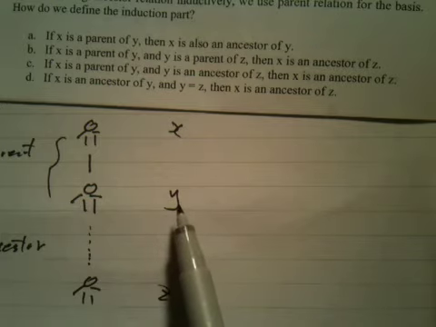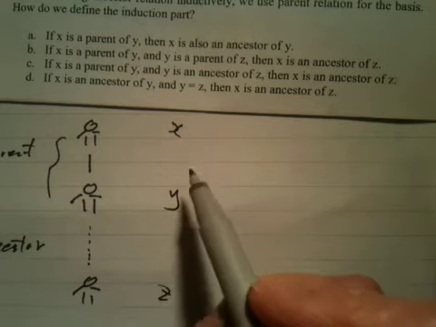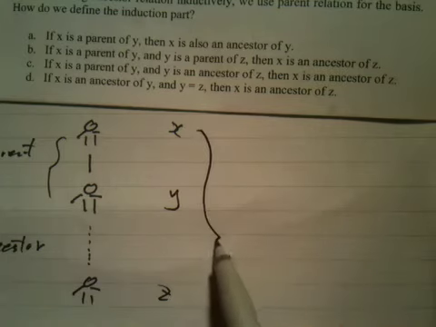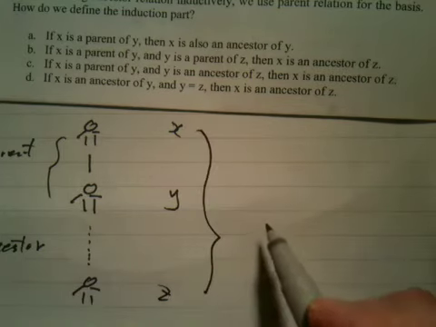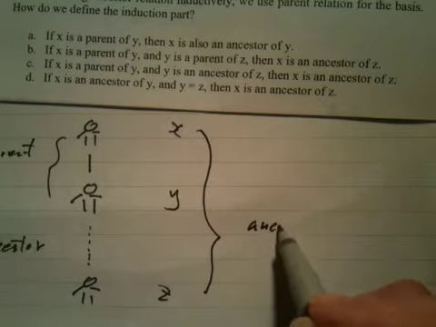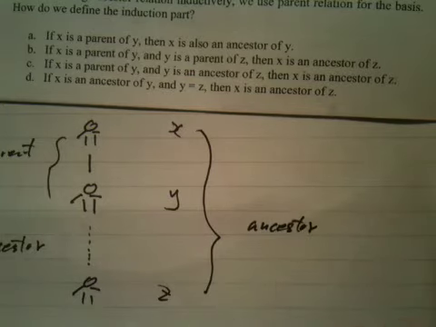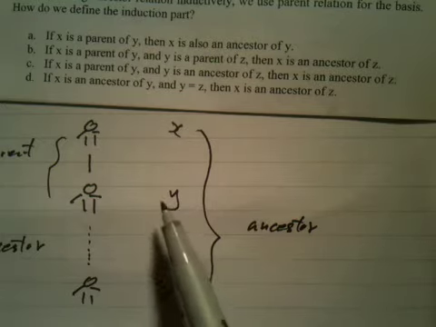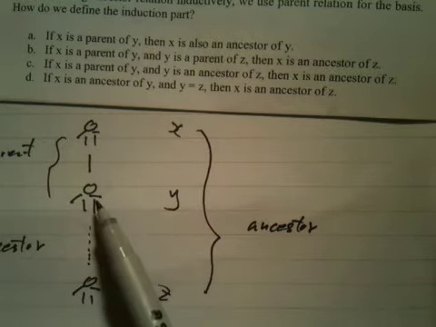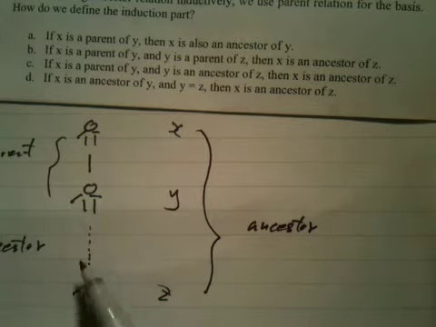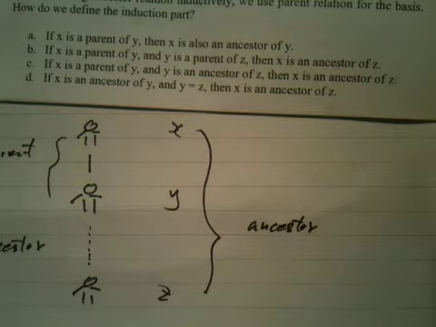Then you can further define that the relation between X and Z must also be ancestor. In summary, the parent of somebody's ancestor is also this person's ancestor. Does it make sense? I hope this picture will help you understand this definition a bit better.